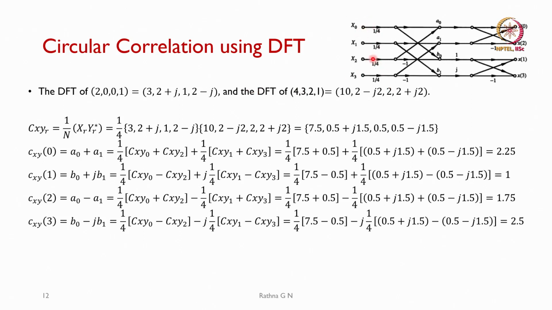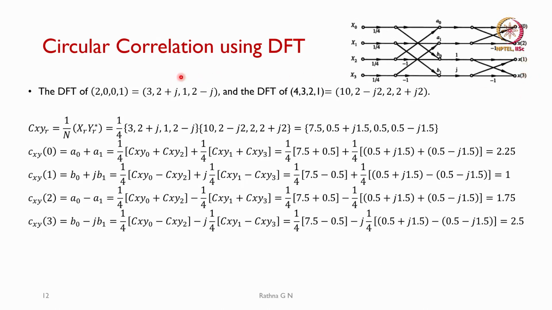These are the points we will get in the inverse DFT. So this is A0, A1, B0 and B1, and then we get x of 0, x of 2, x of 1 and x of 3.